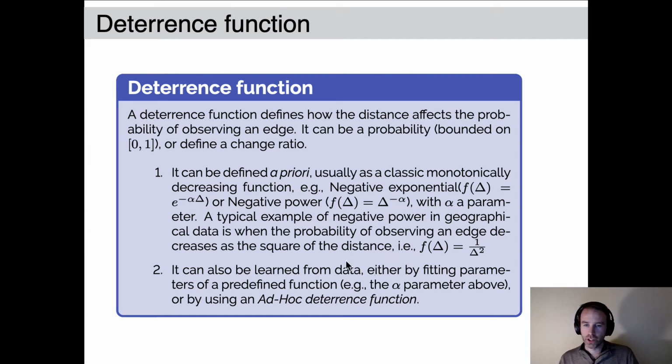So this is the first situation. And the second situation is the one in which you want to learn an ad hoc deterrence function from the data. So you don't want to assume you know a priori how the distance will affect edges, but since you already have observed data, you can fit the influence of distance on your data. But I will explain how later.